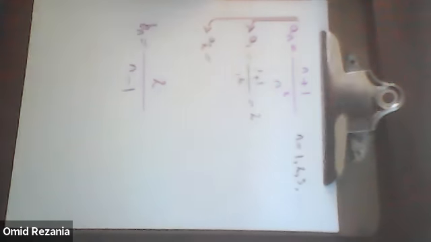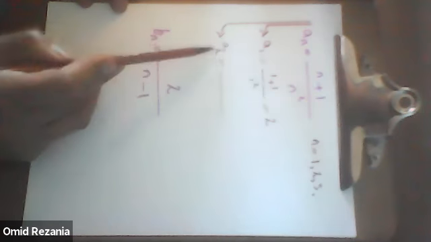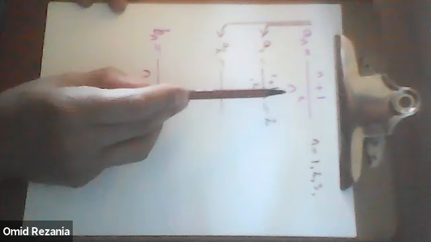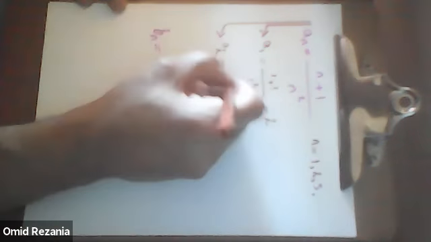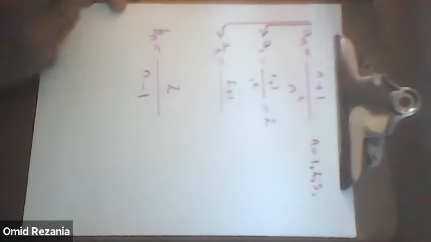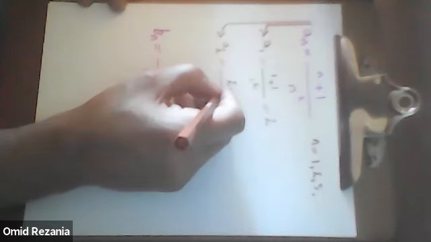We go for the second term. Everyone can see the color which I'm using? Yes. Awesome. And the second term, what's going to happen? It means that because n is going to be 2, wherever we see n in our expression, we replace it by 2. We say 2 plus 1 divided by 2 squared.